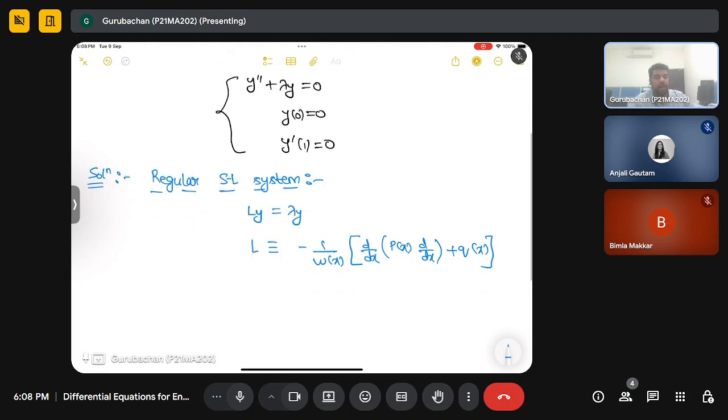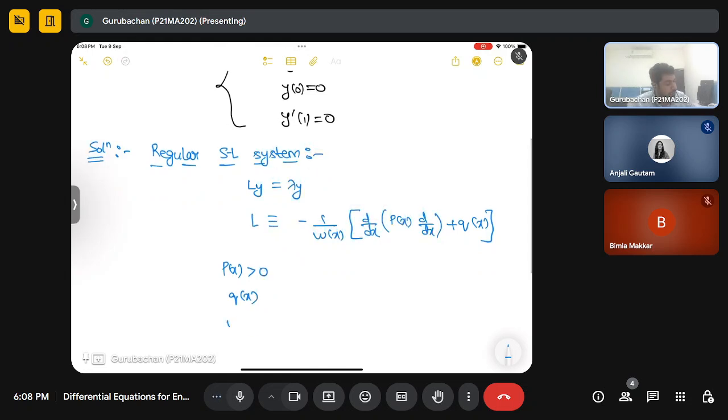Furthermore, p(x) should be greater than 0, there is no condition on q(x), and the weight function should be positive, for all x in (a, b).